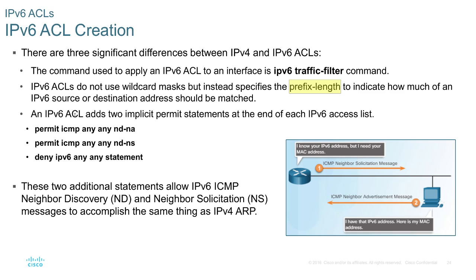And in an IPv6 ACL, we would add two implicit permit statements at the end of the list.